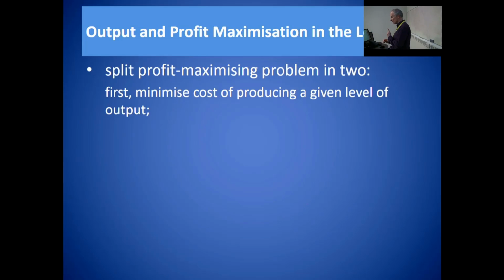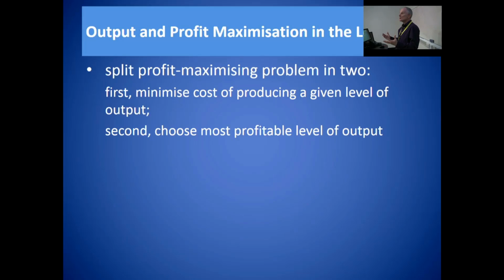So that's the first thing. Find the minimum cost, the least cost combination way of producing any given level of output. And then, once we've identified all of these least cost combination ways of combining factor inputs, we then want to identify the most profitable level of output.